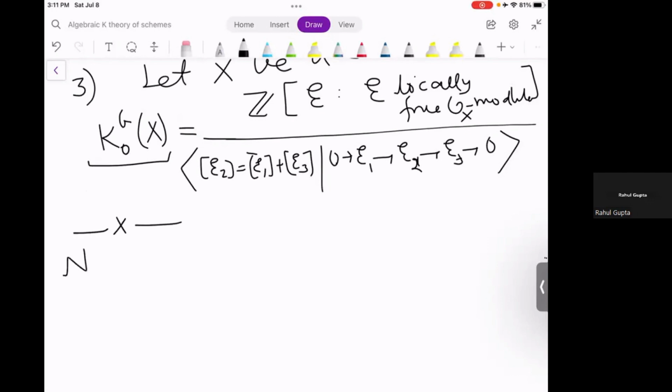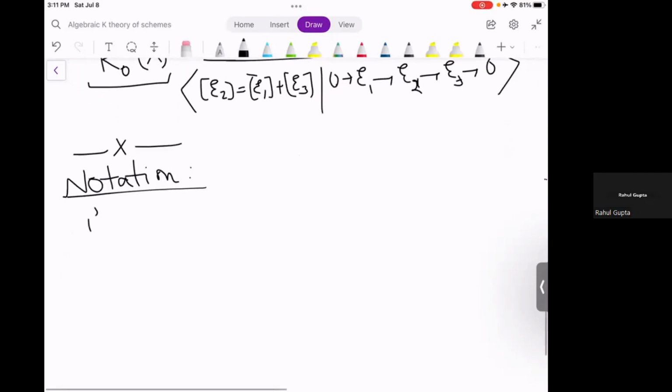So let us fix some notations first. I don't want to work in a very general setting.